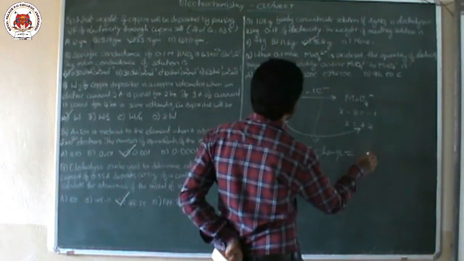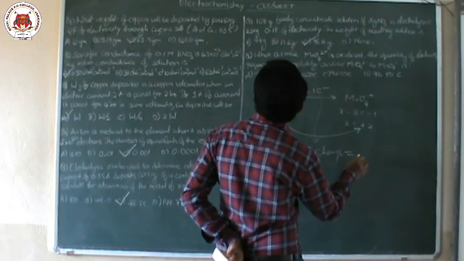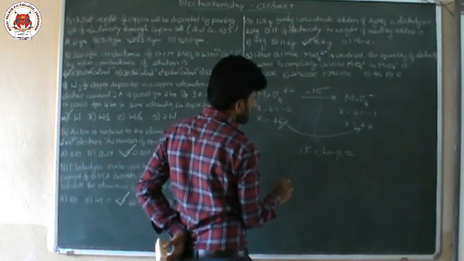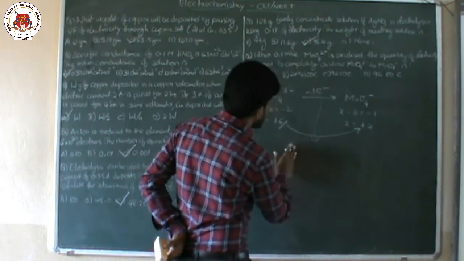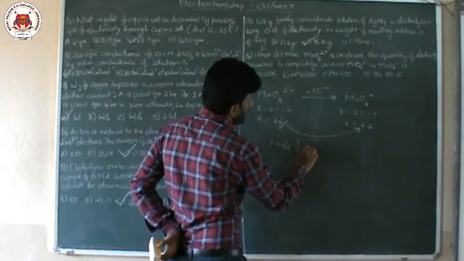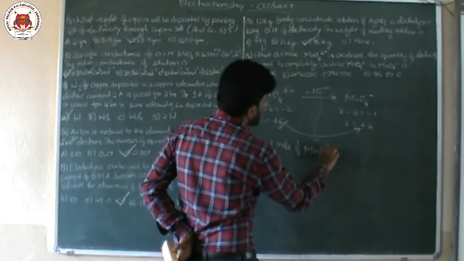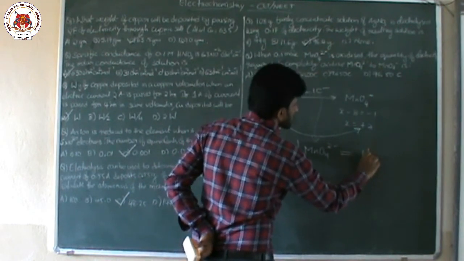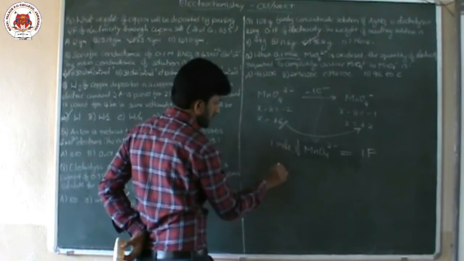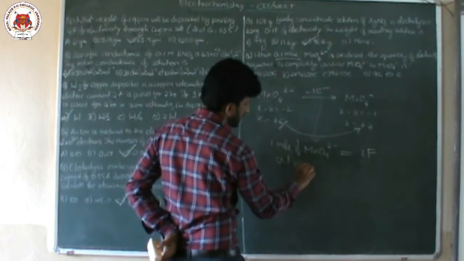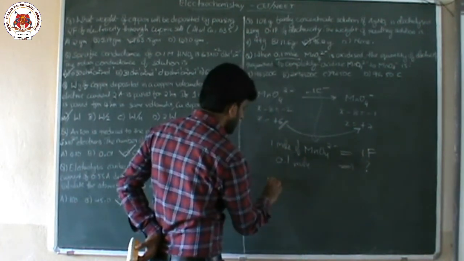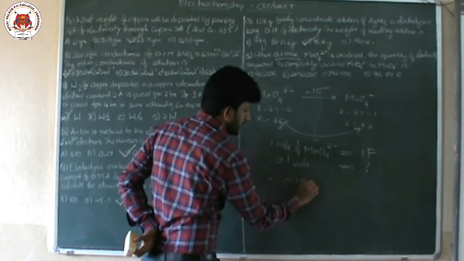You know that 1 Faraday charge, okay, sorry, here it is 0.1 moles they have taken. Let me take it like this: 1 mole of MnO4 2 minus oxidation requires 1 Faraday charge. But in the question 0.1 mole is taken. So 0.1 mole oxidation requires how much charge? Cross multiply. The charge will be equal to 0.1 Faraday.